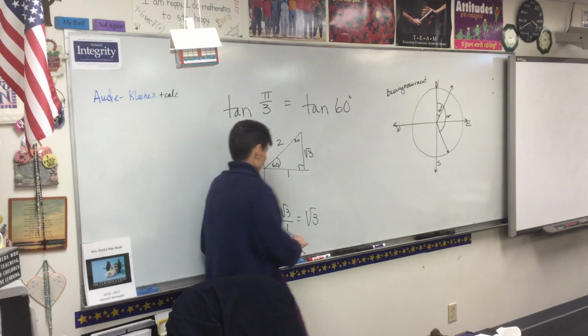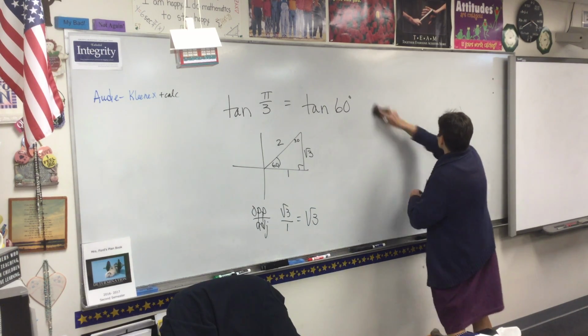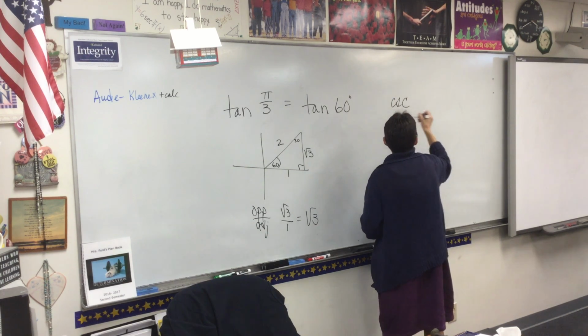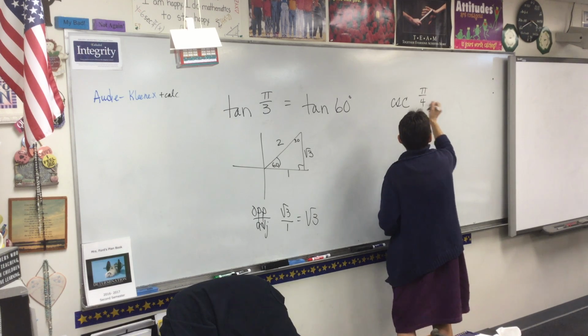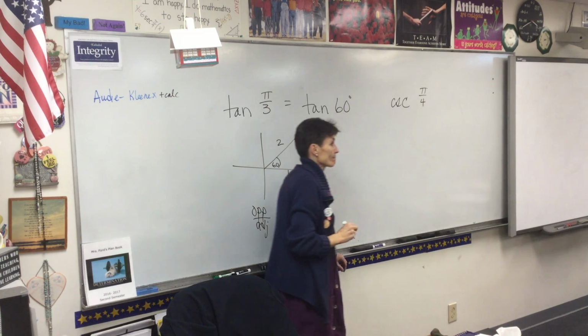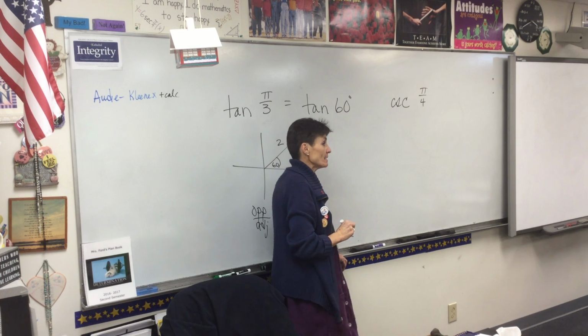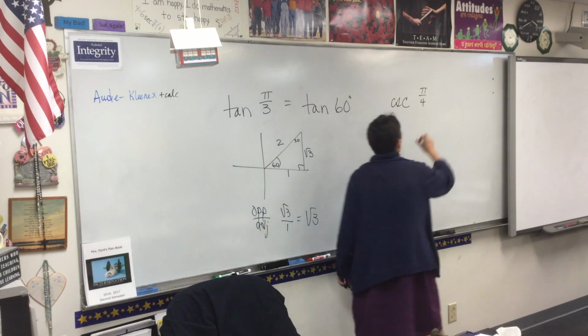Let's do one more. Let's find the cosecant of pi over 4. So pi is 180. 180 divided by 4 is 45.